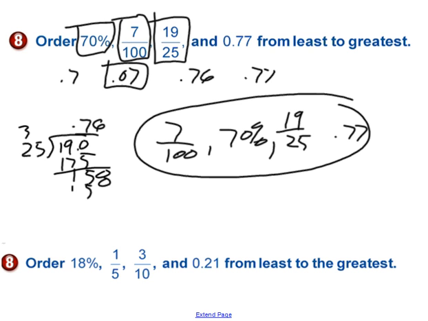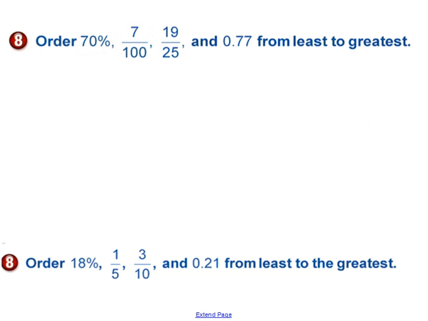Doing this one, let's get a little space to work here. 18%, 1/5, 3/10, and 0.21. Again, I'm going to write them all as decimals. 18% is 0.18. 1/5, I'm actually going to do the division. 5 will go into 10 2 times, so that'd be 0.2. So this is 0.18. This is 0.2.